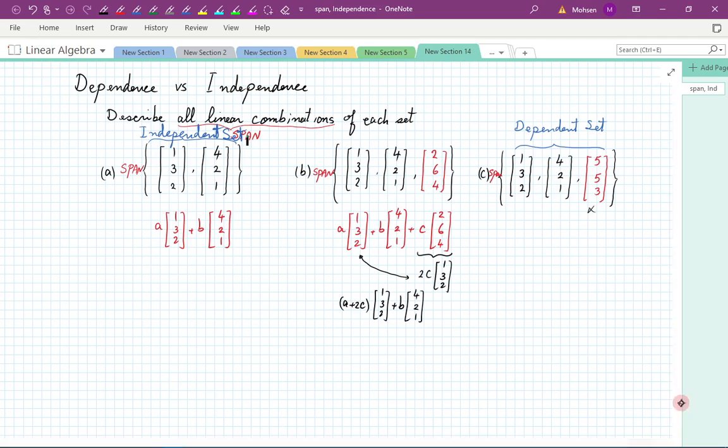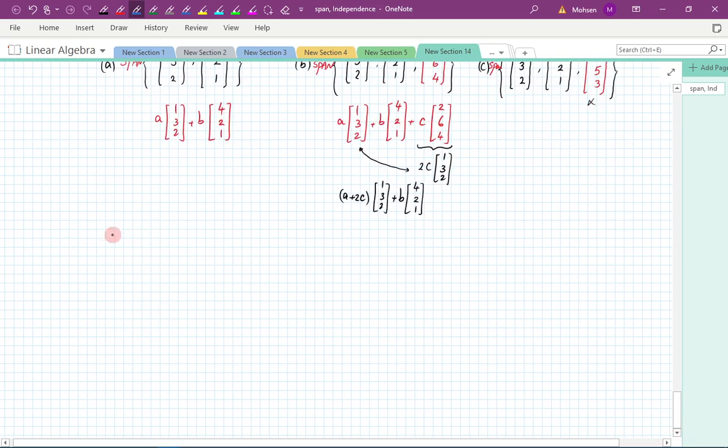Okay, what is the mathematical definition of these? There are two definitions for these concepts, and they are very closely related to each other. Let me express both of them. So suppose we have a collection of vectors. Just for example, I'm going to write, say, 4 of them, but it's good for any collection of vectors.